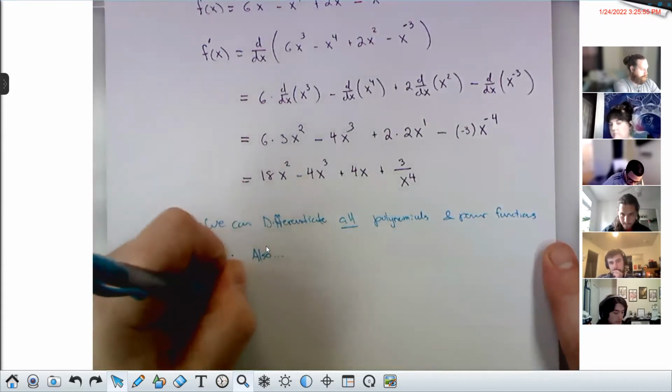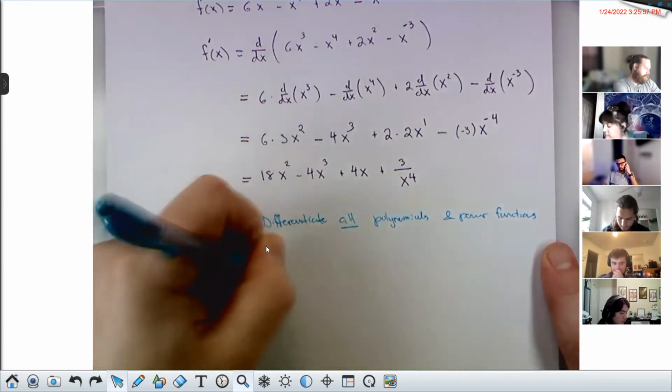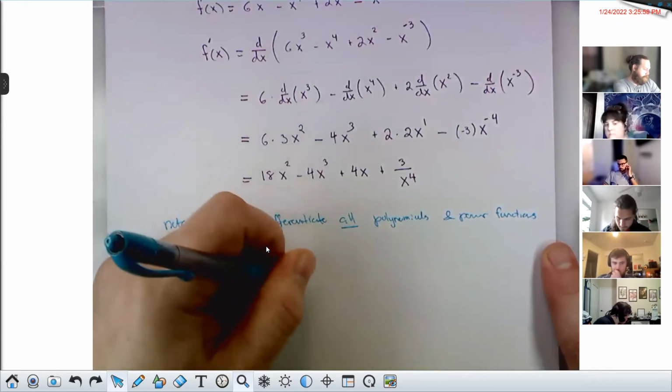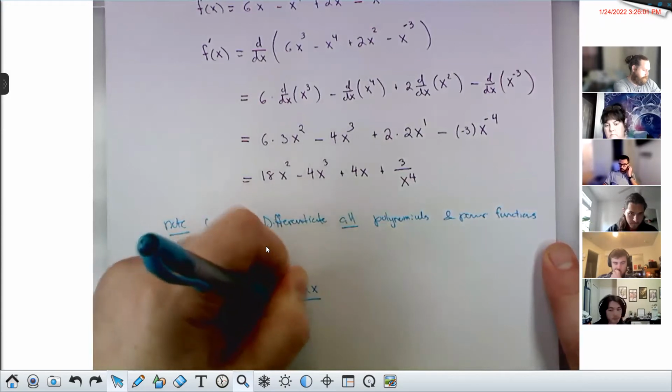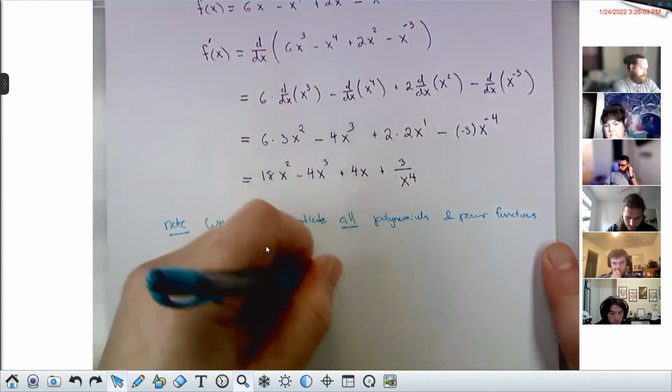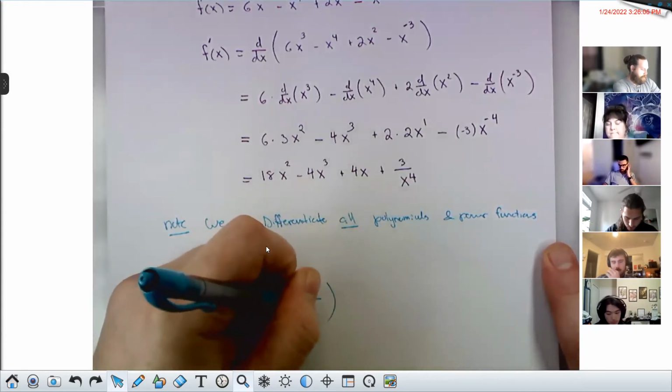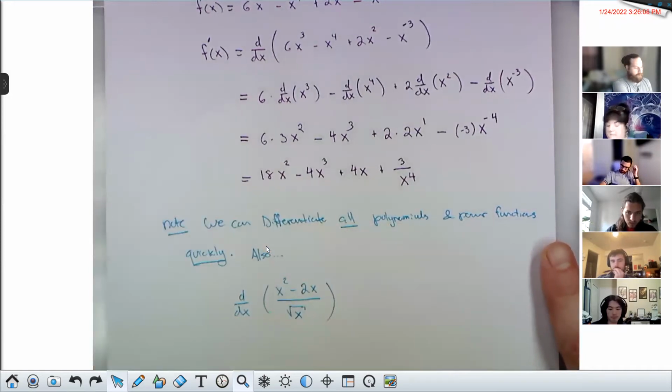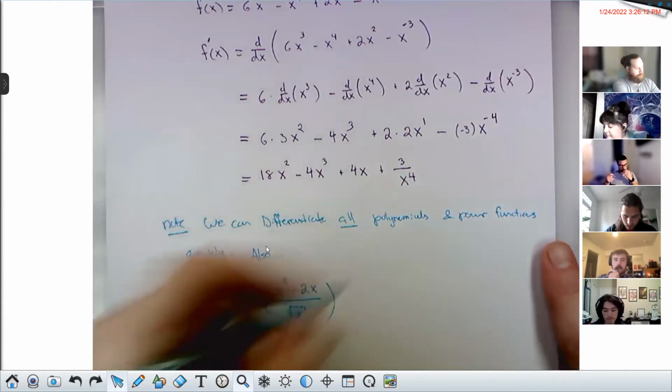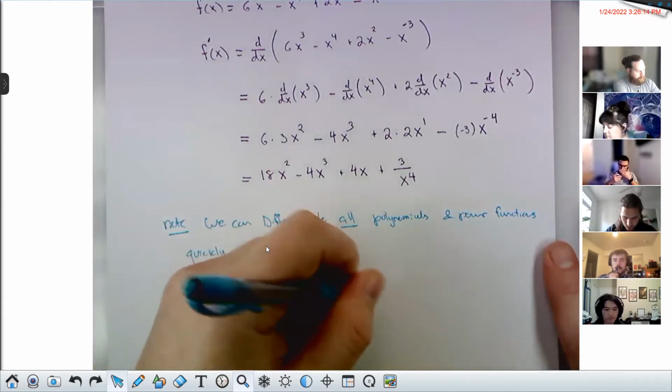If I wanted to differentiate something like x squared minus 2x over the square root of x, we don't have a rule for differentiating fractions yet. But you can split this up.